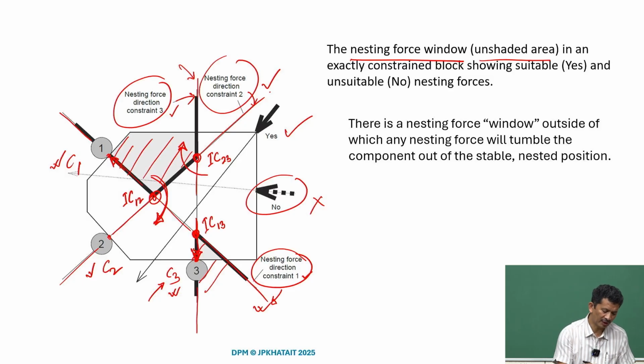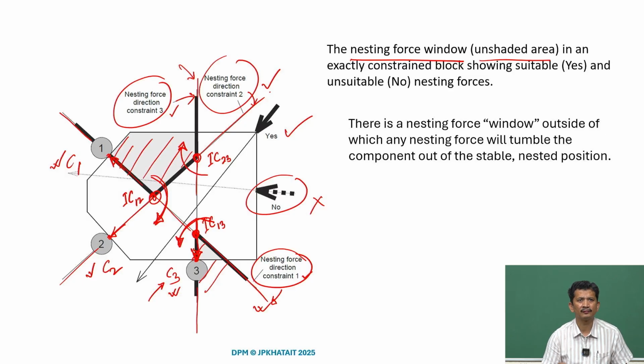So, in order to make contact with C2, what will be the moment required? In this case, the moment required will be along this direction, which is now counterclockwise.